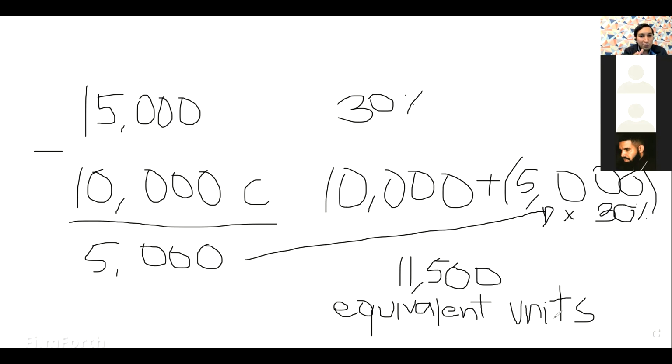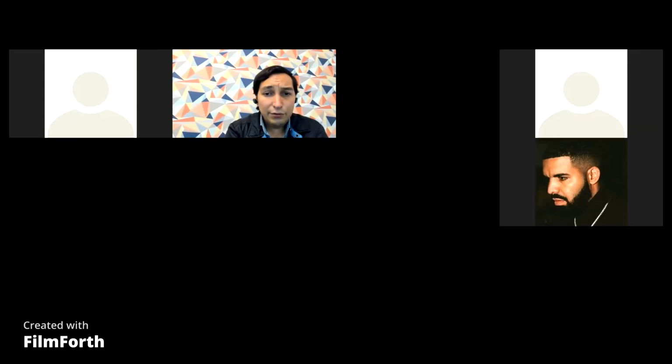The equivalent units is the number of complete units that could have been obtained from the materials and efforts that went into the partially completed units.